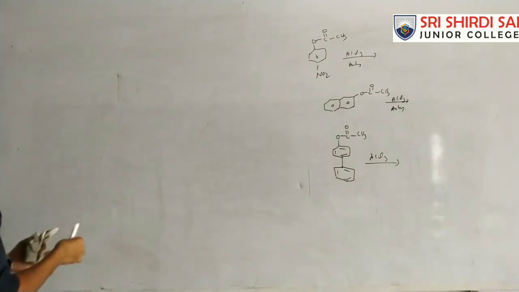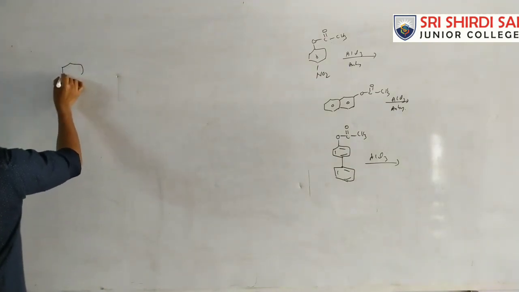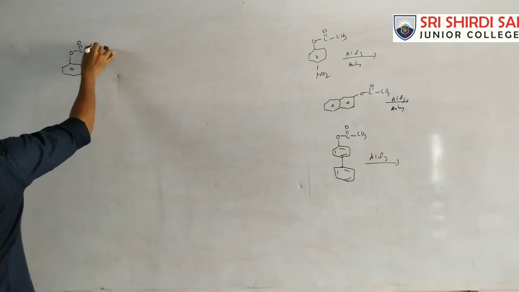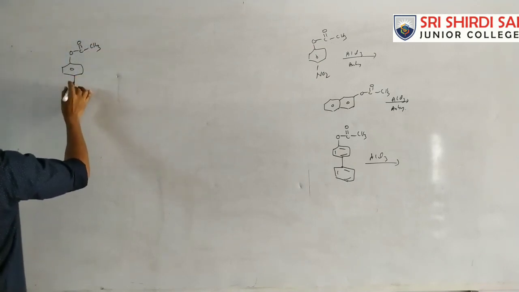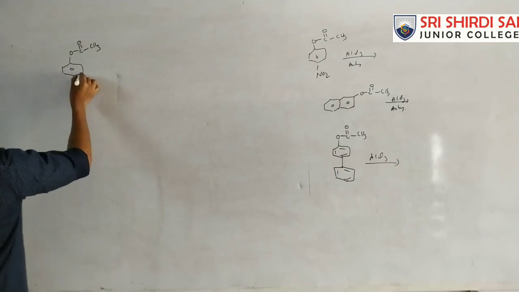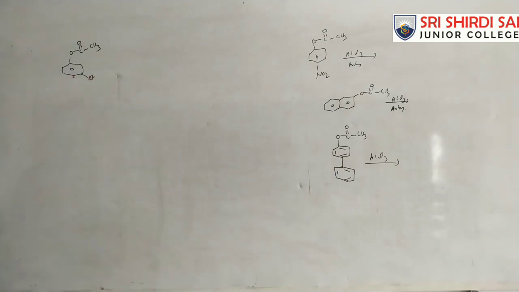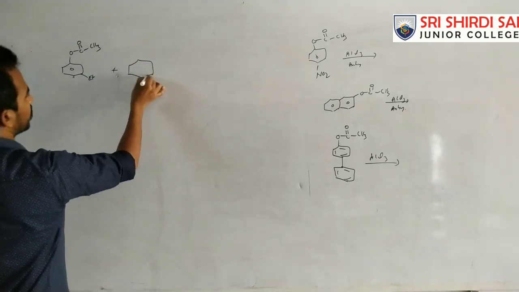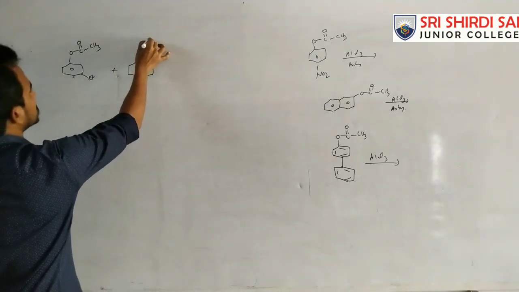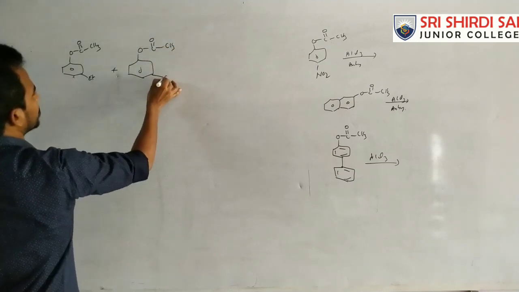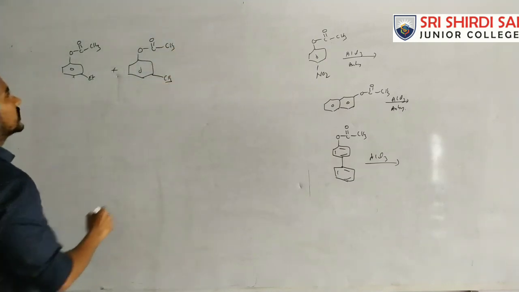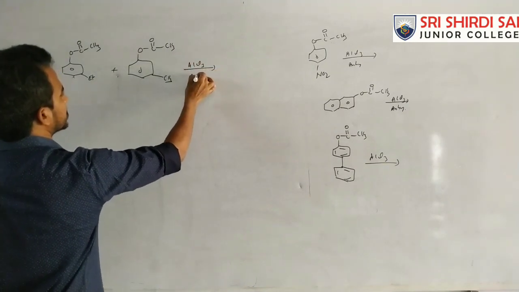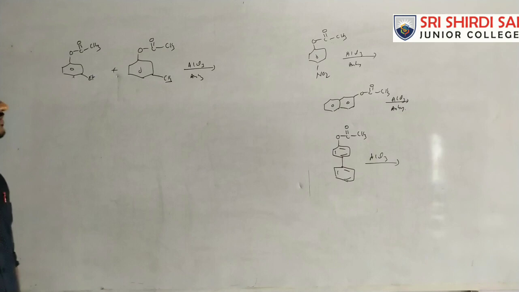Next, one more point. Here it is an ethyl group. With O C double bond O, CH3 and anhydrous AlCl3, we get a mixture of two compounds.